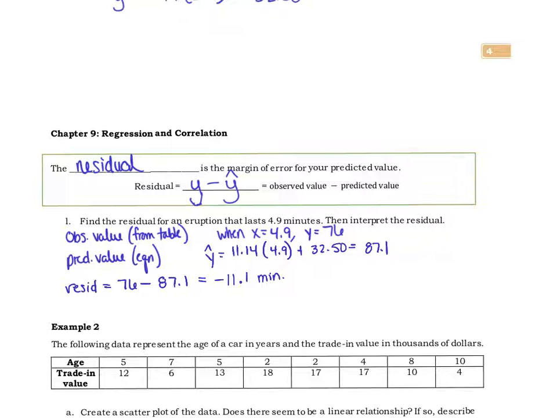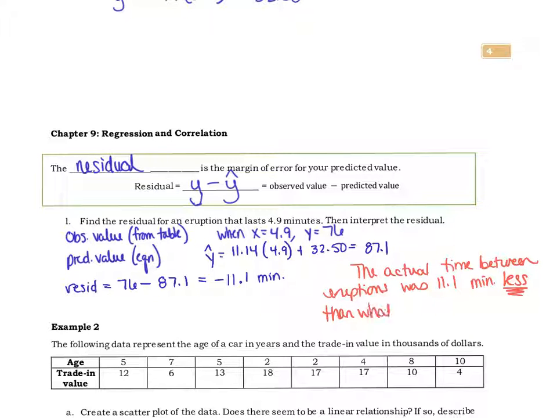So the interpretation would mean the actual time between eruptions was 11.1 minutes less, hence the negative number there, than what was predicted. So the actual time in between eruptions was 11.1 minutes less.